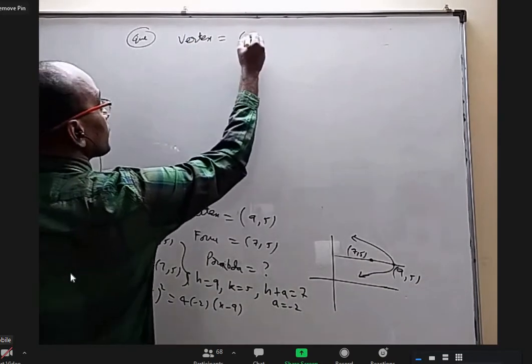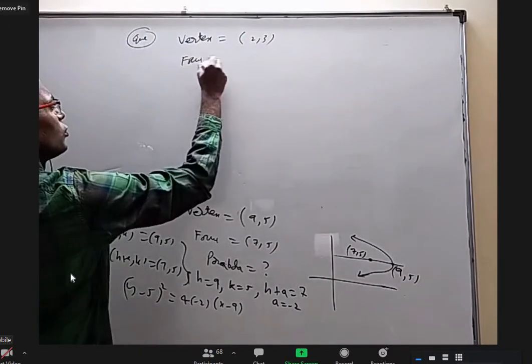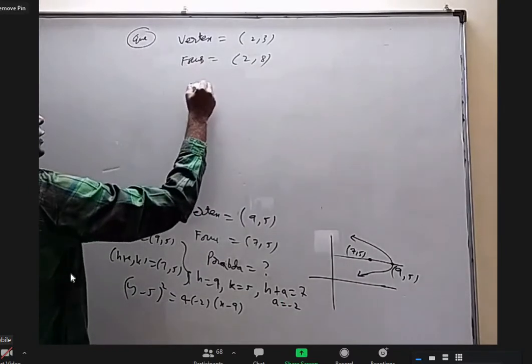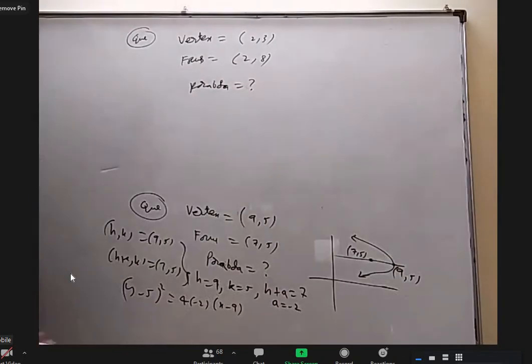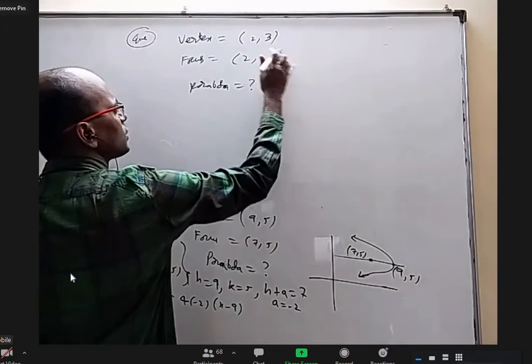Vertex (2, 3). Focus (2, 8). Find the parabola. Vertex (2, 3). Focus (2, 8).